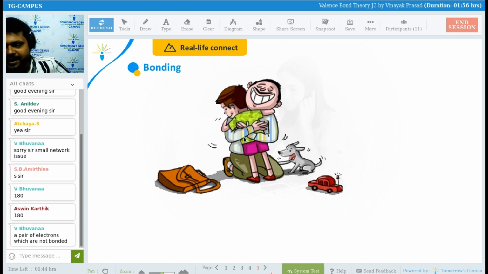Or dative bond. If I ask you about the dative bond, what is this dative bond? This time SB will tell me, because I know many students can tell me from this class. But SB, you have missed yesterday's class, that's why I'm asking you. What is this dative bond or covalent coordinate bond?